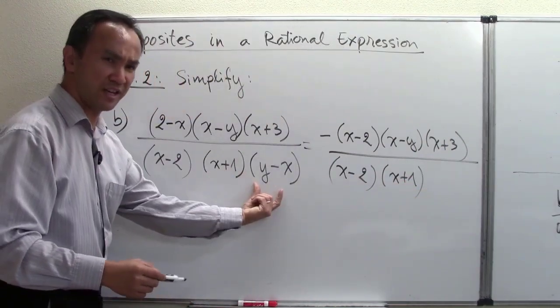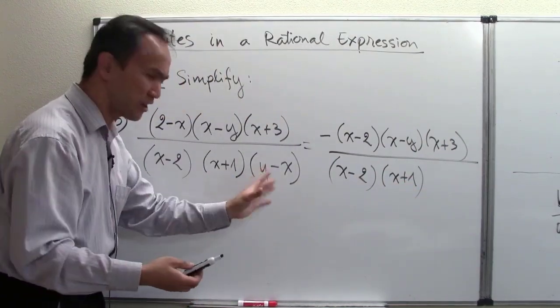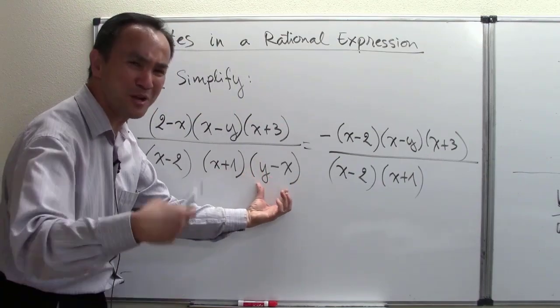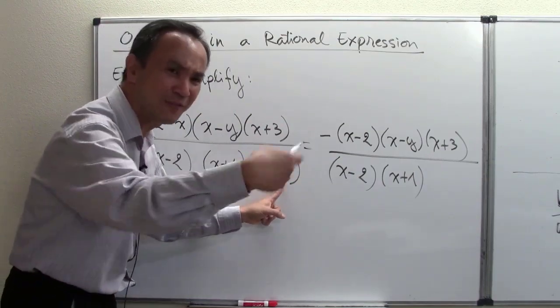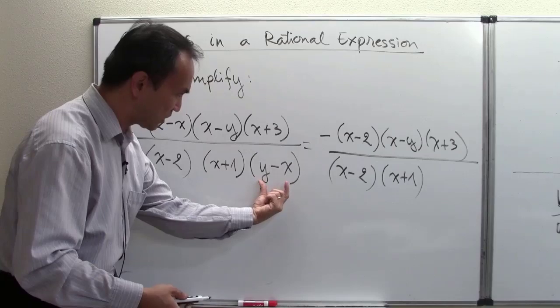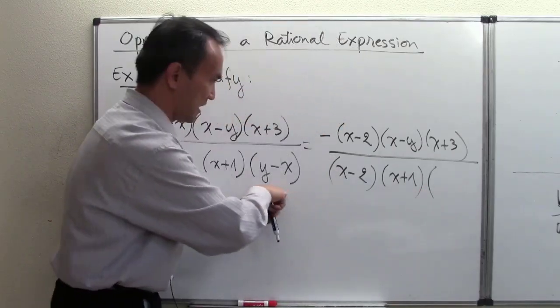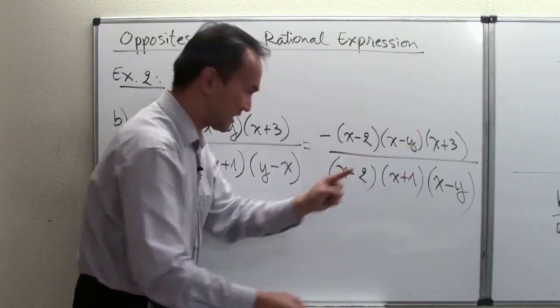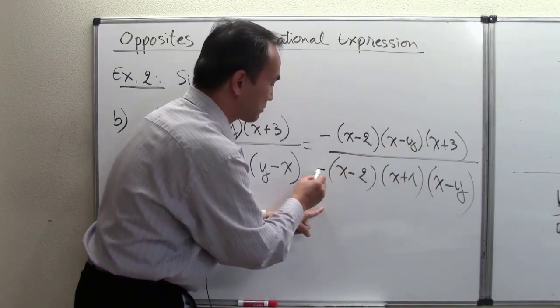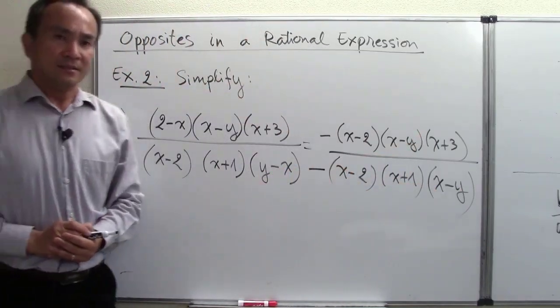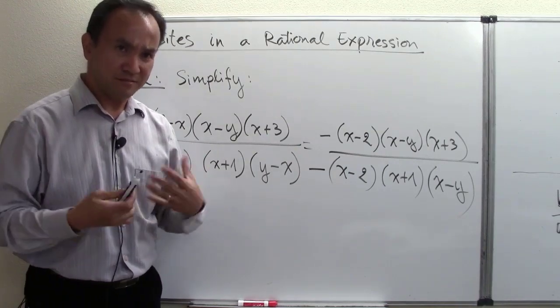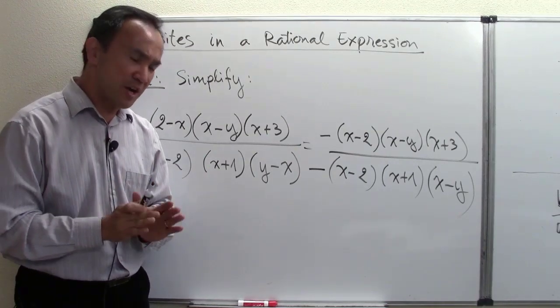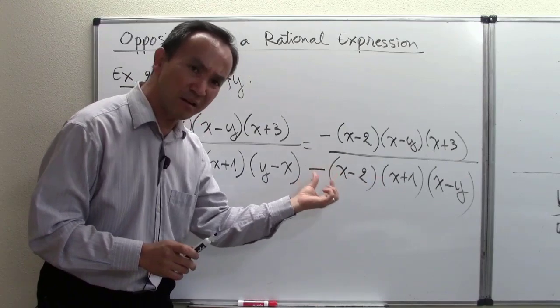But this one right here, it's just me. Why am I switching this one in the denominator? Because I love seeing the x in front. So I want to rewrite this here as the opposite, x minus y. But by doing that, I have to make sure I introduce a negative sign here. As I explained earlier, having a negative sign means a negative 1 factor.